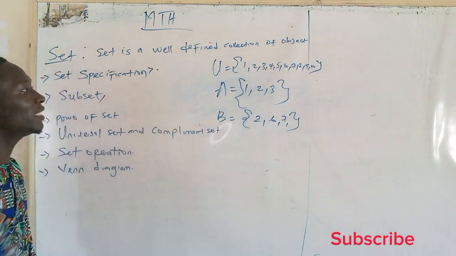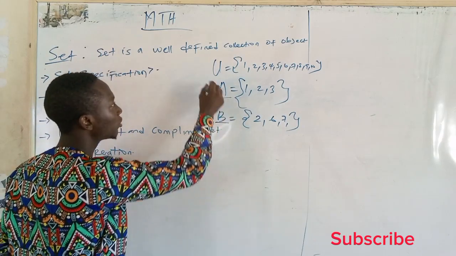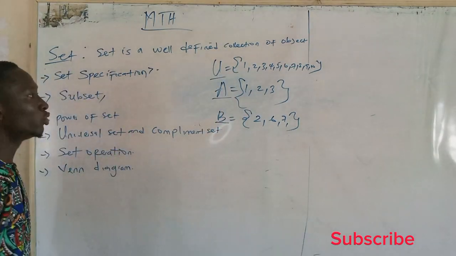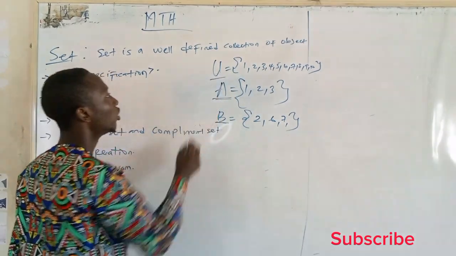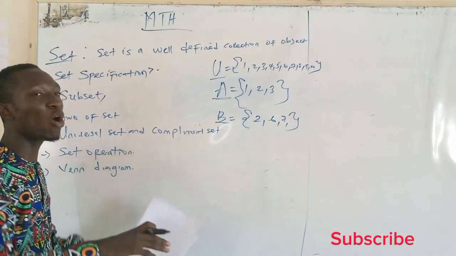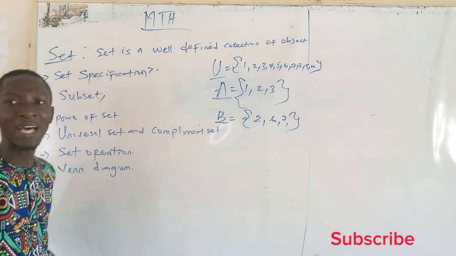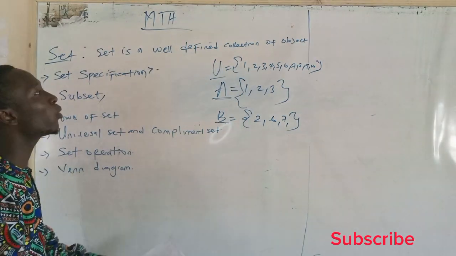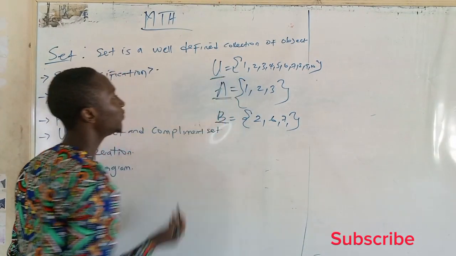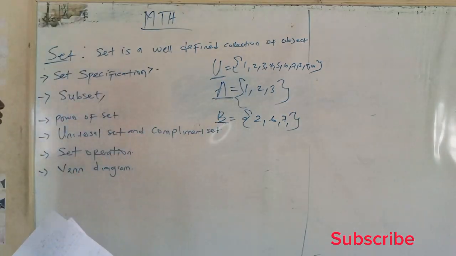Now if we have these three sets, take note: A and B are subsets of U. Are we together? You can find A and B in U. So the set that contains all other sets under discussion is called the universal set. It's just like the egg. So this U is a universal set because it contains A and B.